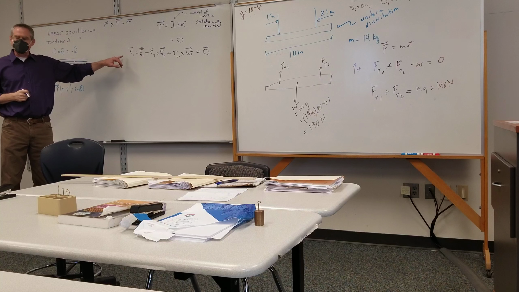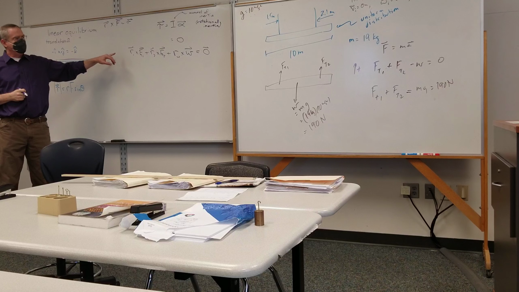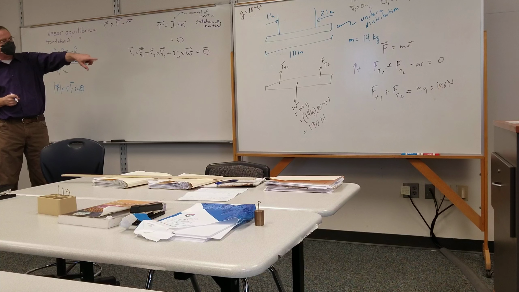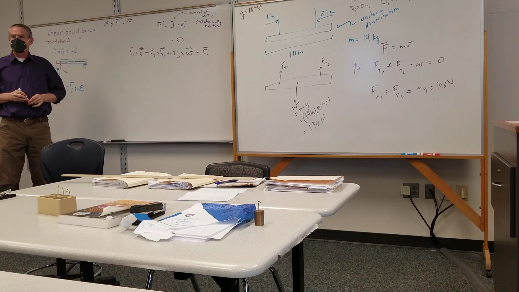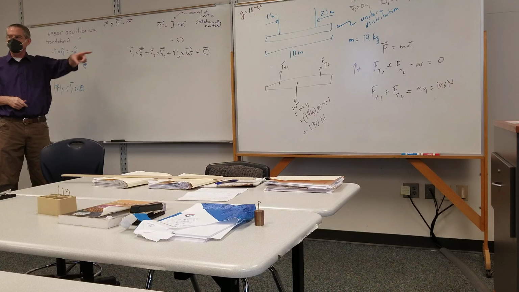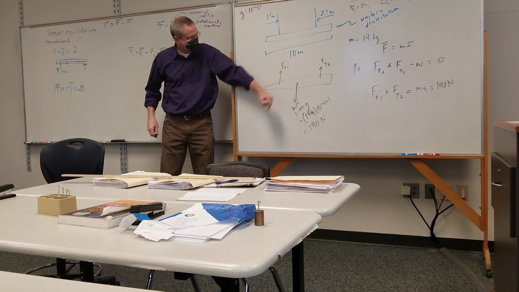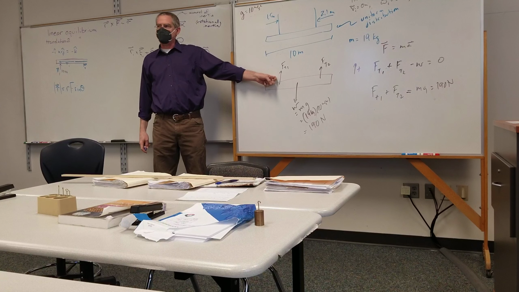We're now left with another situation though. What is the direction of the torque from the tension 1? If the middle is the axis of rotation, which way is this trying to rotate it?